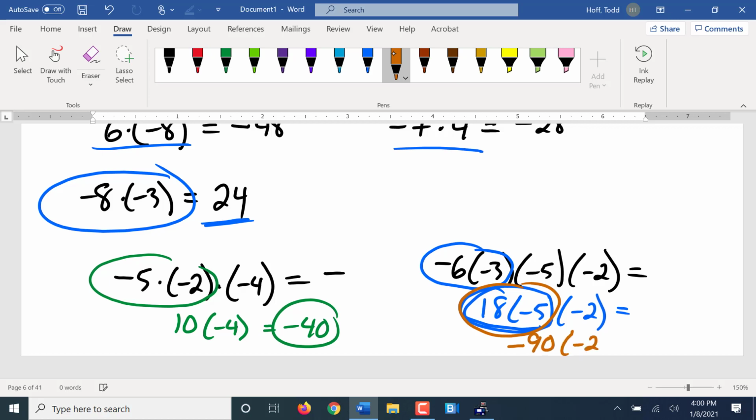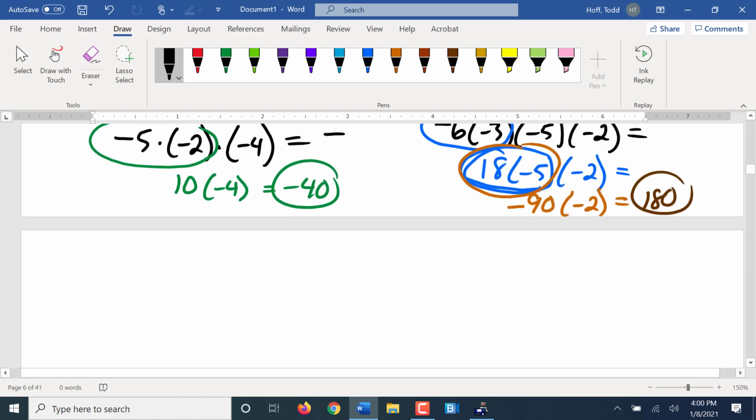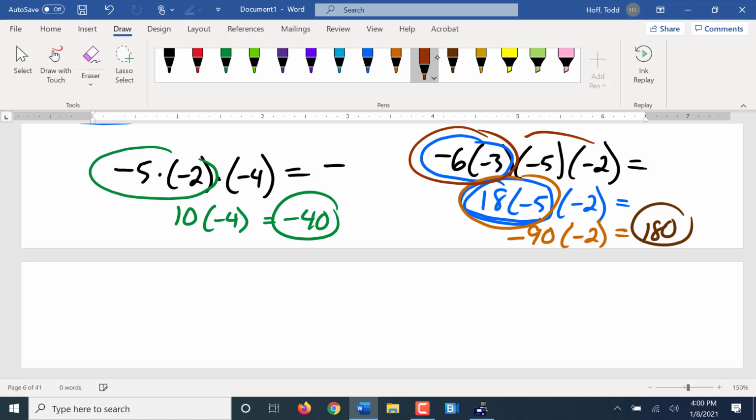And then 90 times negative 2 will be positive 180. Very good. That's one where you could have done the associative property. You could have done negative 6 times negative 3, negative 5 times negative 2, and then multiply those together. That would work, yeah.